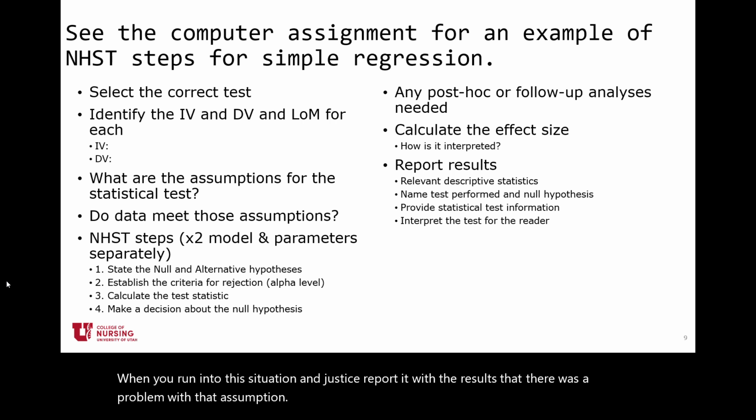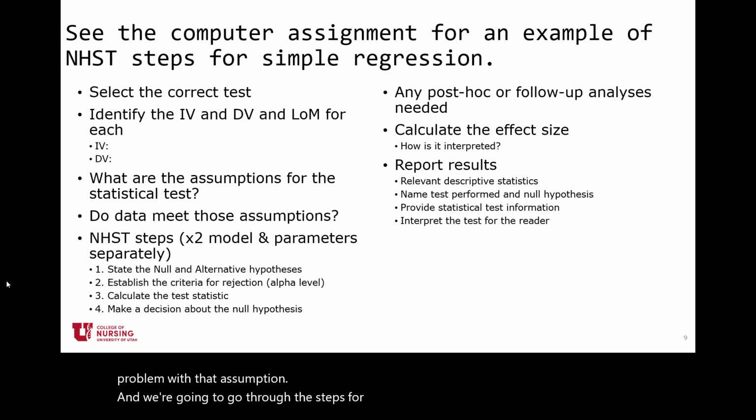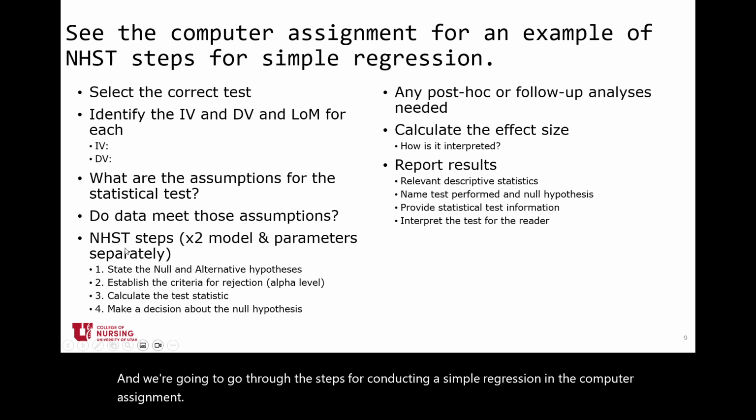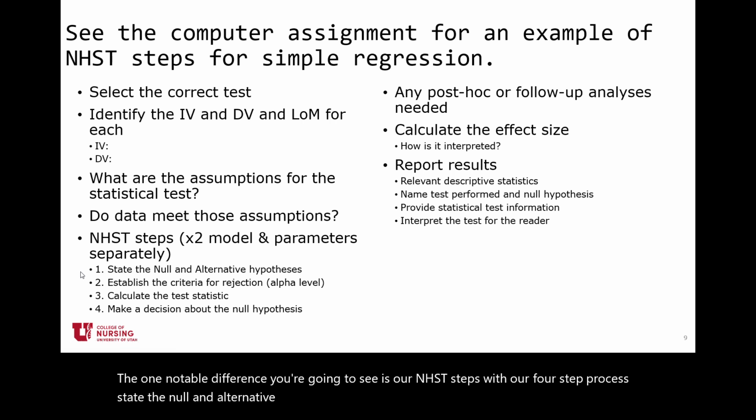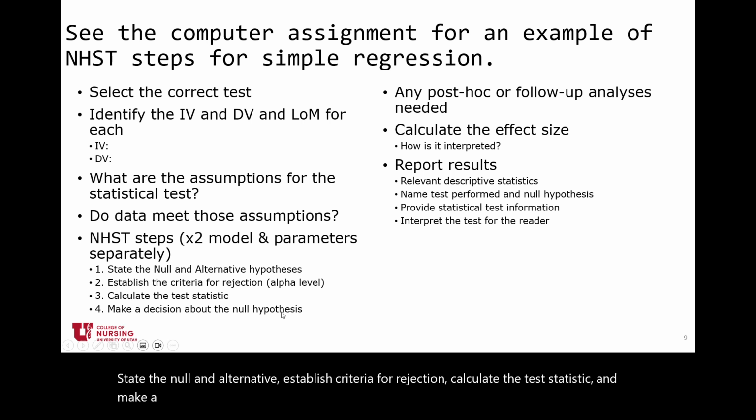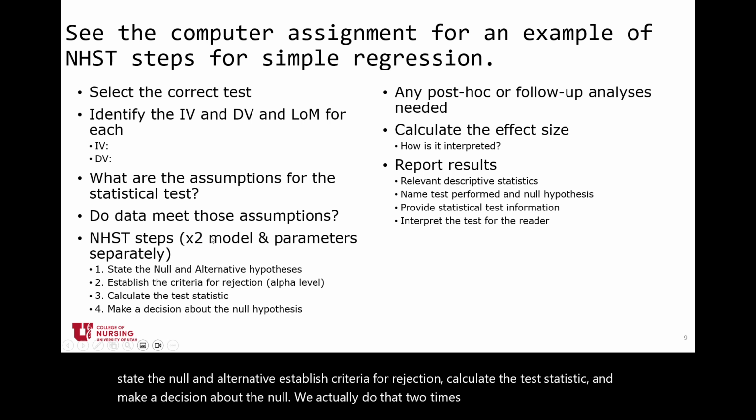And we're going to go through the steps for conducting a simple regression in the computer assignment. The one notable difference you're going to see is our NHST steps with our four-step process: state the null and alternative, establish criteria for rejection, calculate the test statistic, and make a decision about the null. We actually do that 2 times with regression.